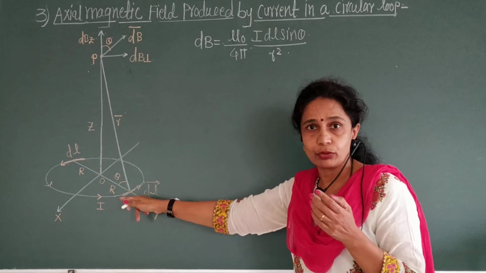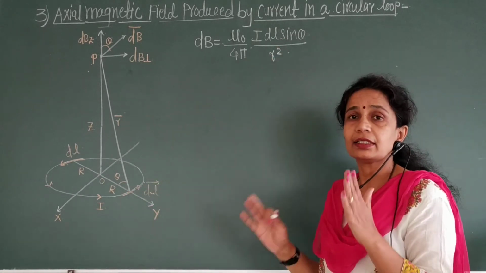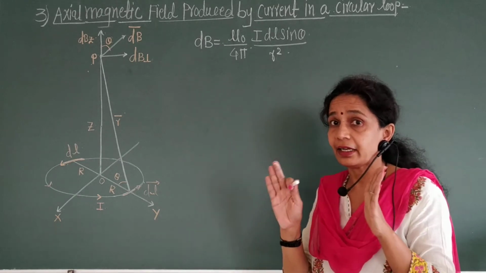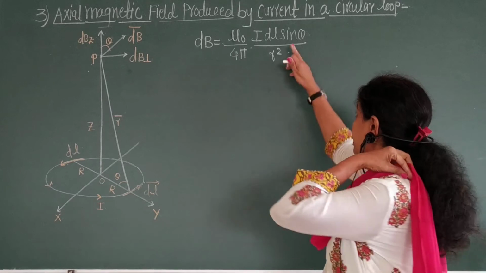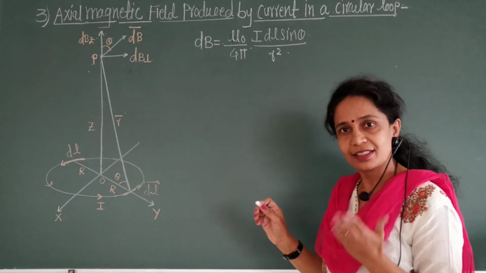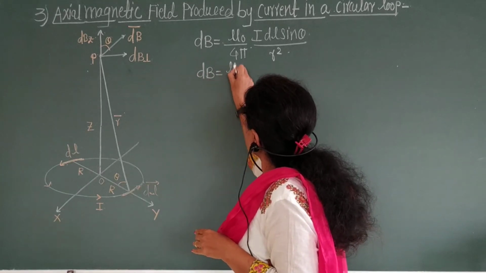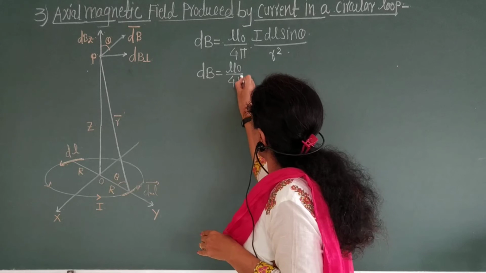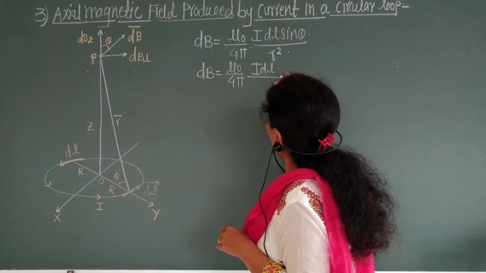I means current flowing through the circular loop. dl is the length of the element. Sin theta, theta is the angle between the dl vector and the r vector. This angle is 90 degrees here, and therefore sin 90 is 1. Therefore, this equation becomes dB is equal to mu 0 upon 4 pi, I dl upon r square.